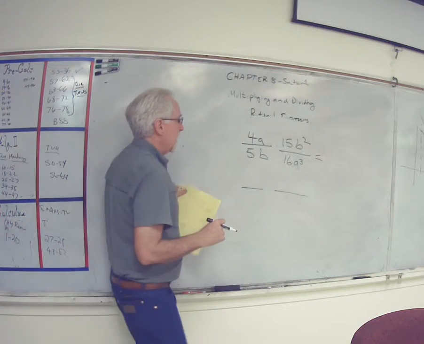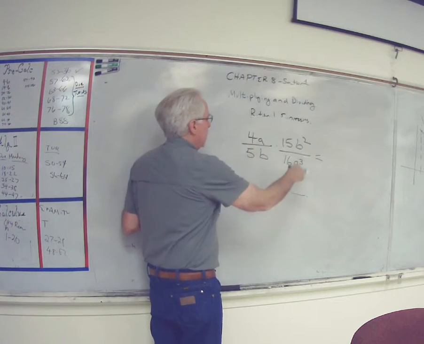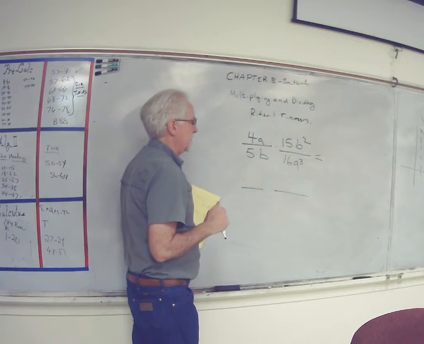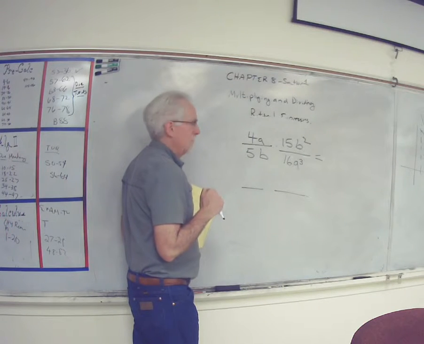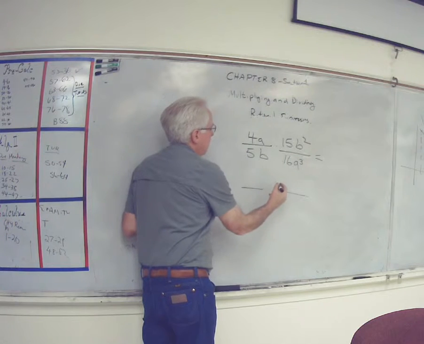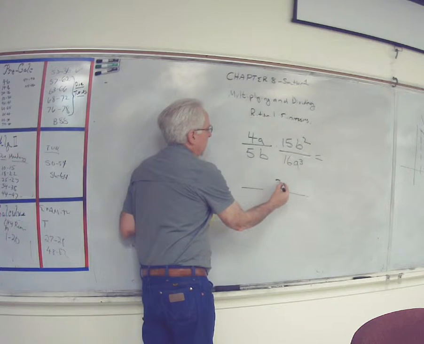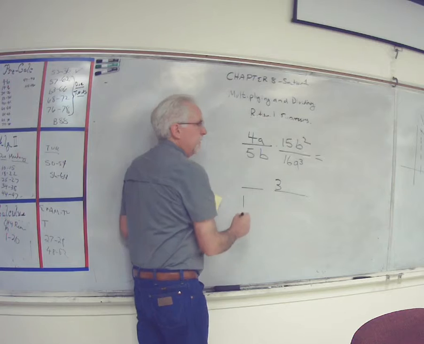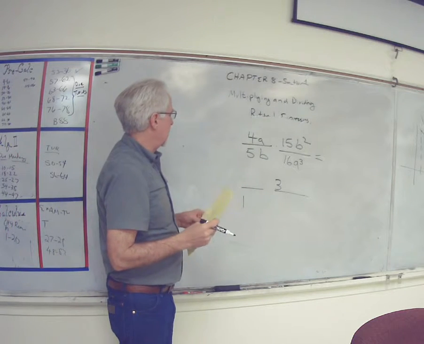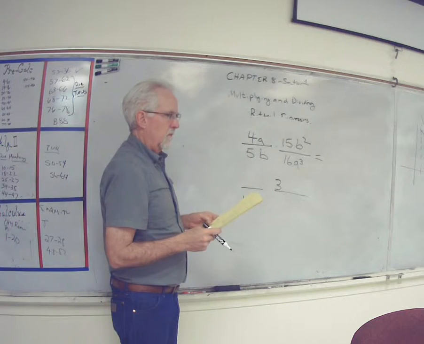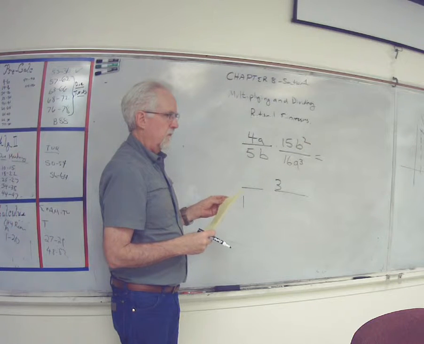Reduce. Okay. Like what, Kelsey, tell me one thing that you see would be easy to reduce. Just one thing. 5 and 15. 5 and 15, I would end up with what up top? A 3 over 1. Levi, you tell me one that I can do. You'd have to take out the b as well.